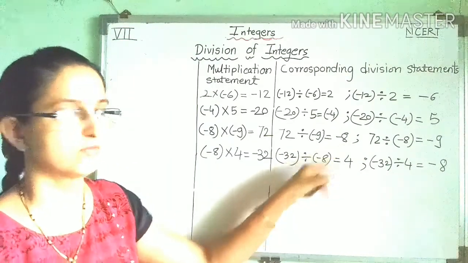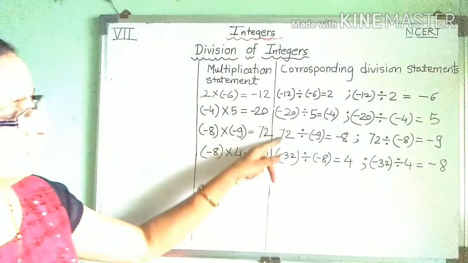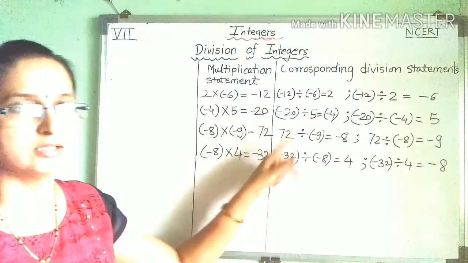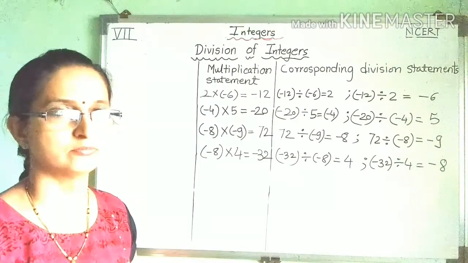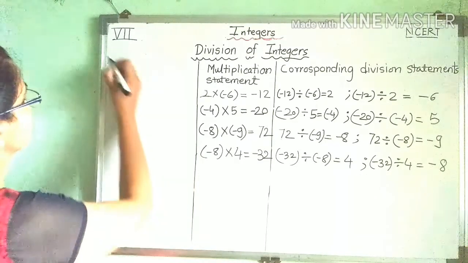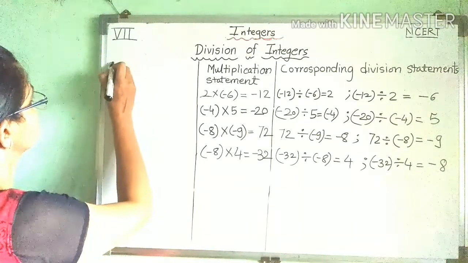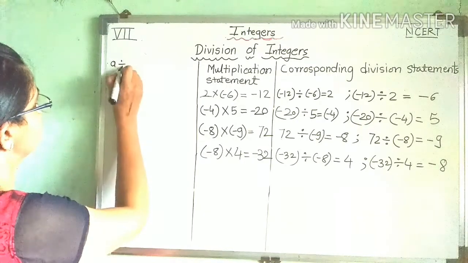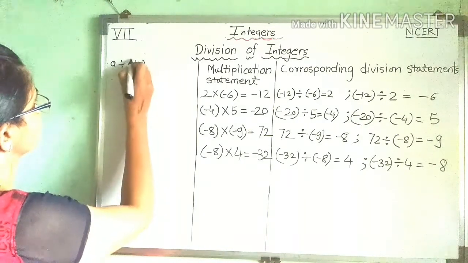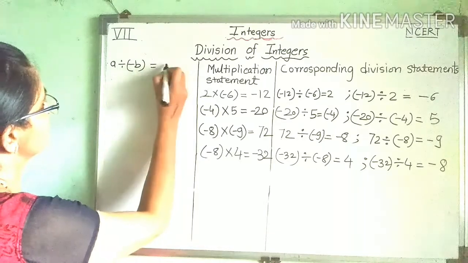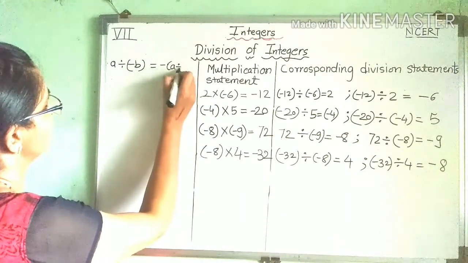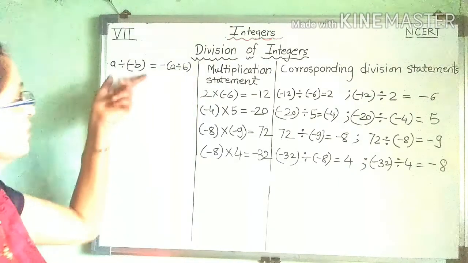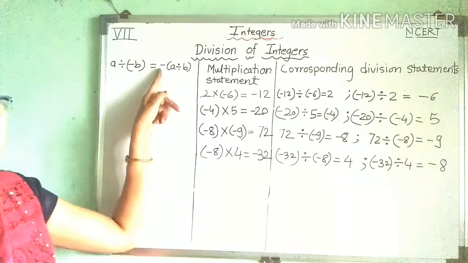That is, when one of the integers is positive and the other is negative, the quotient is always negative. We can say that a divided by minus b gives quotient minus a divided by b, that is, the quotient is always negative.